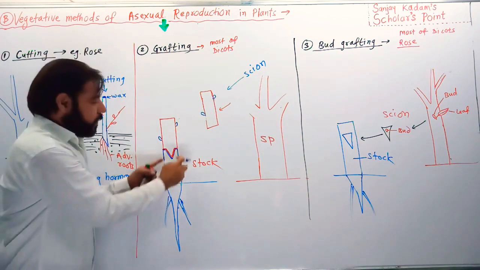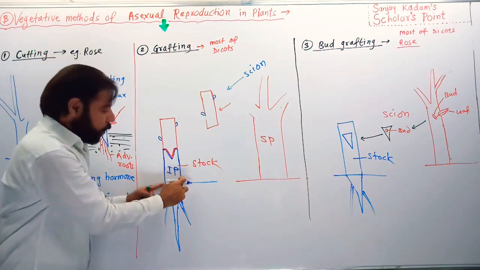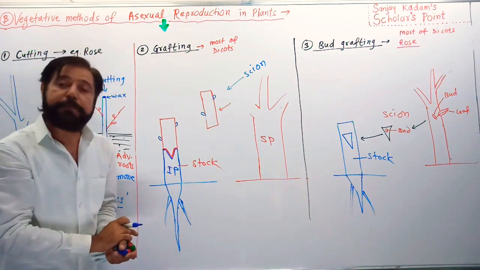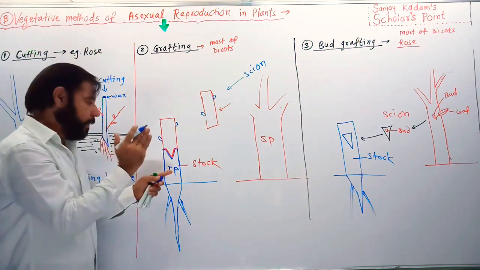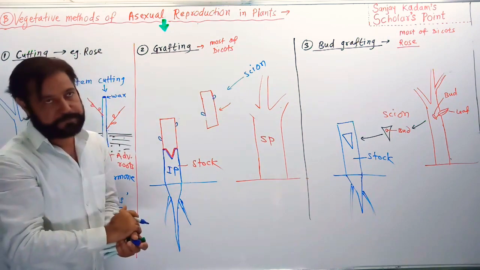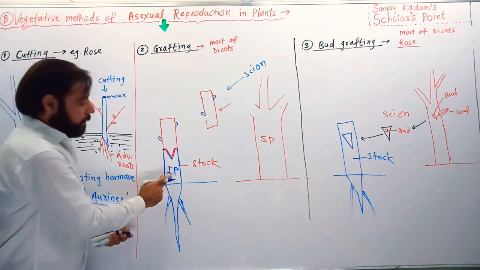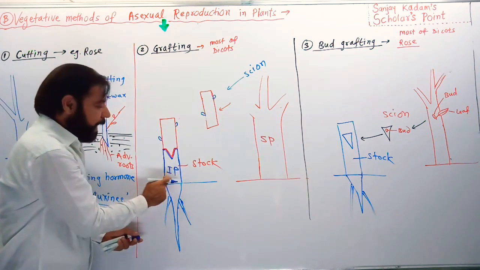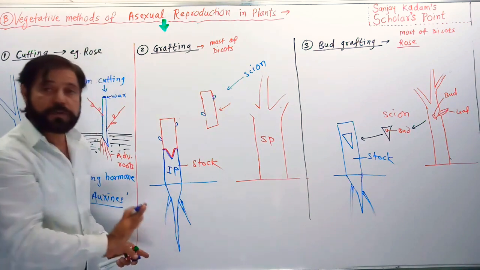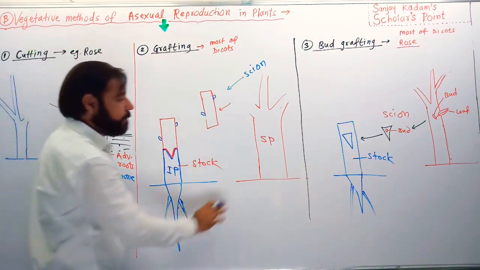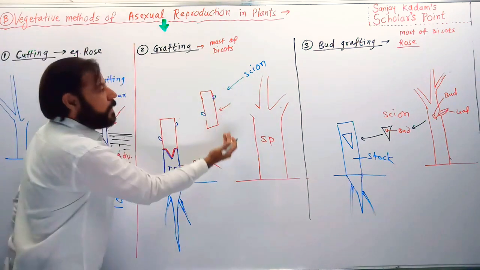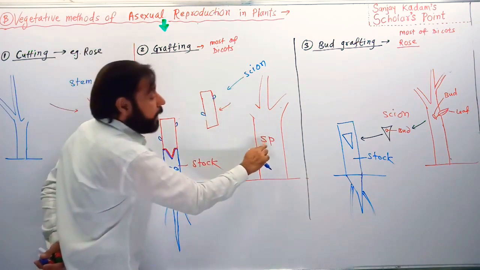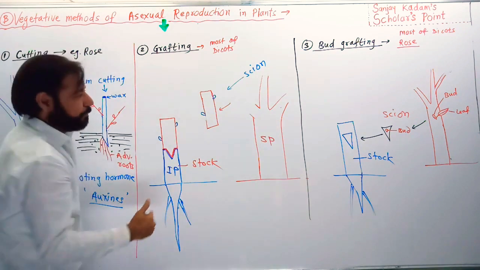Stalk means what? Stalk is a rooted portion of a stem of an inferior quality plant. This is the stem portion of inferior quality plant called stalk, having roots, well developed root system, while scion is a part of stem of a superior quality plant.